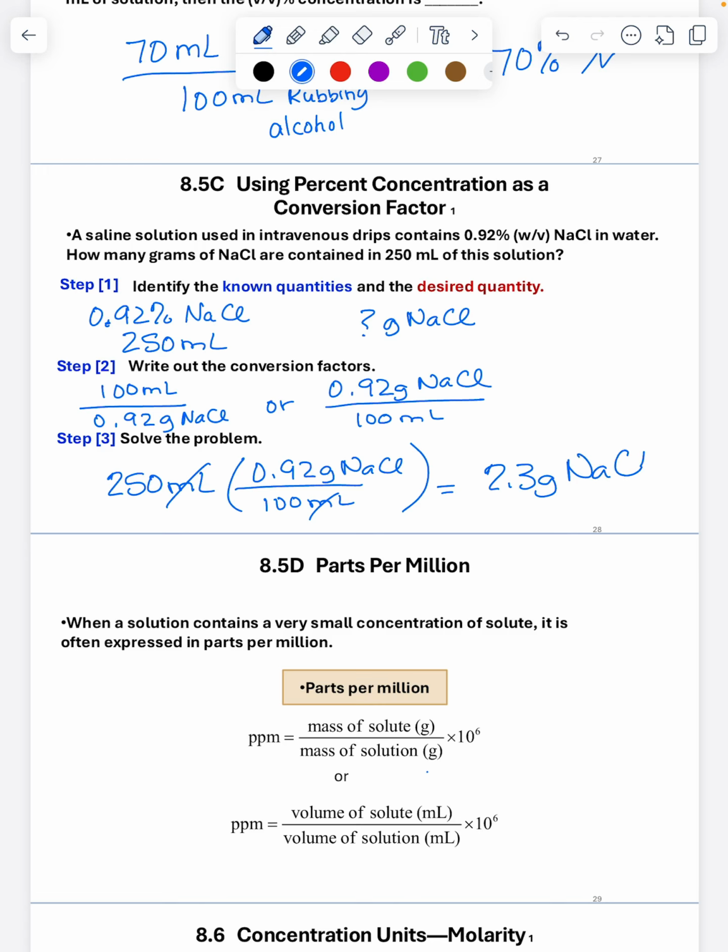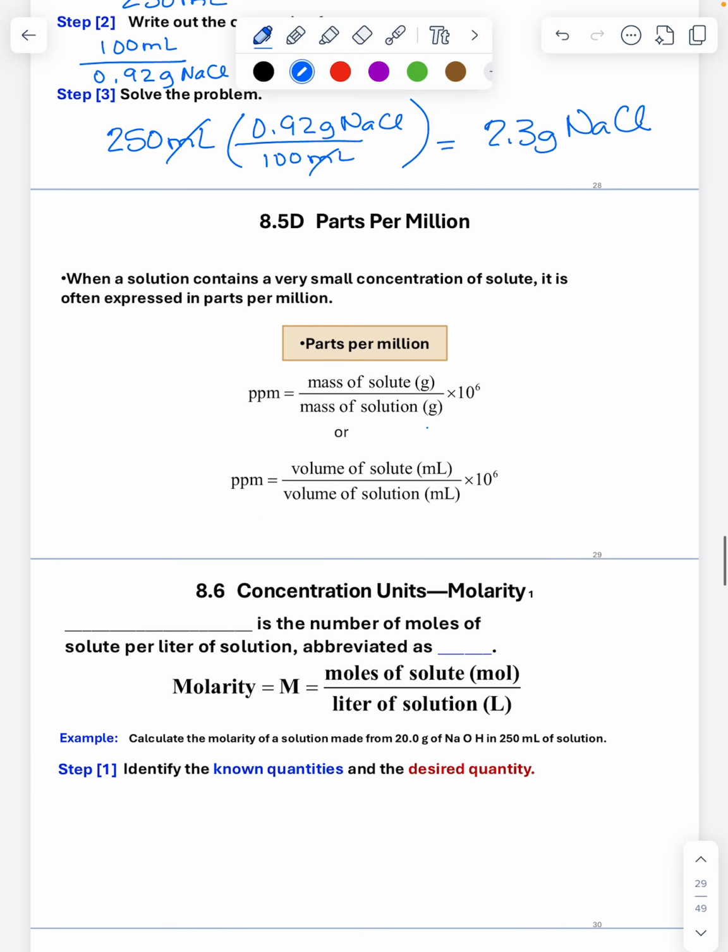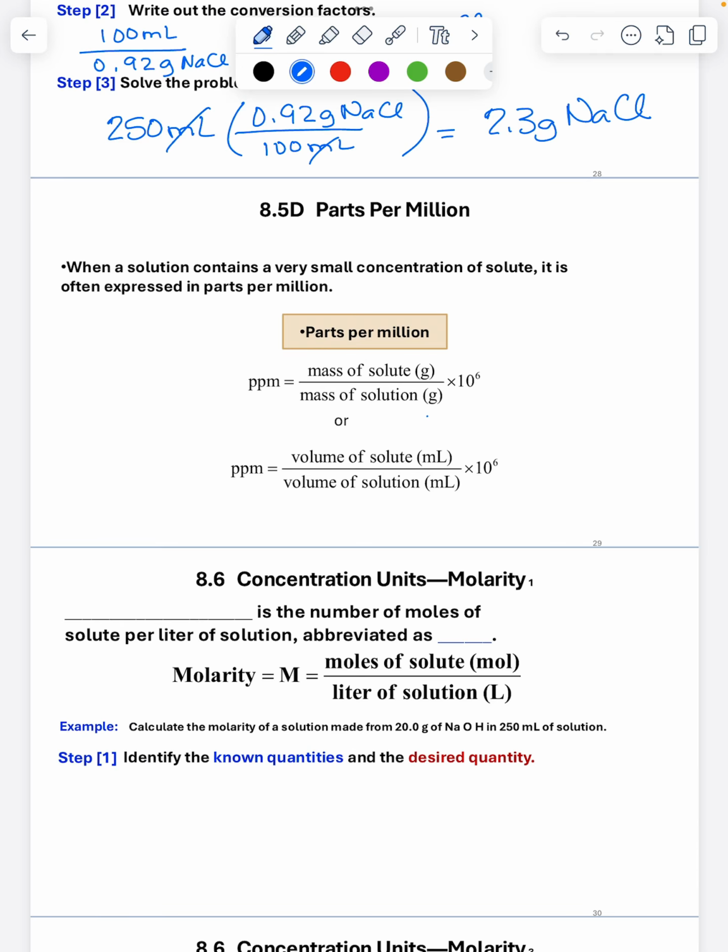All right, another concept that is related to concentration is parts per million. So parts per million is abbreviated ppm. Sometimes you see parts per billion, which would be ppb. When a solution contains a very small concentration of solute, it's often expressed in parts per million.